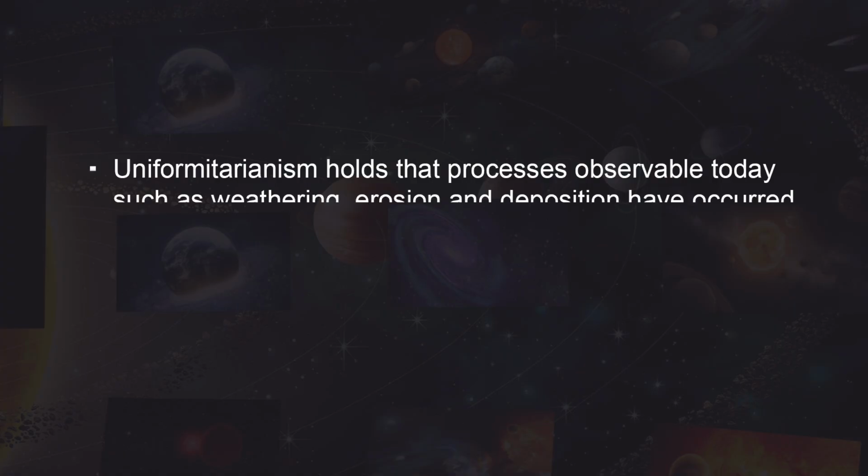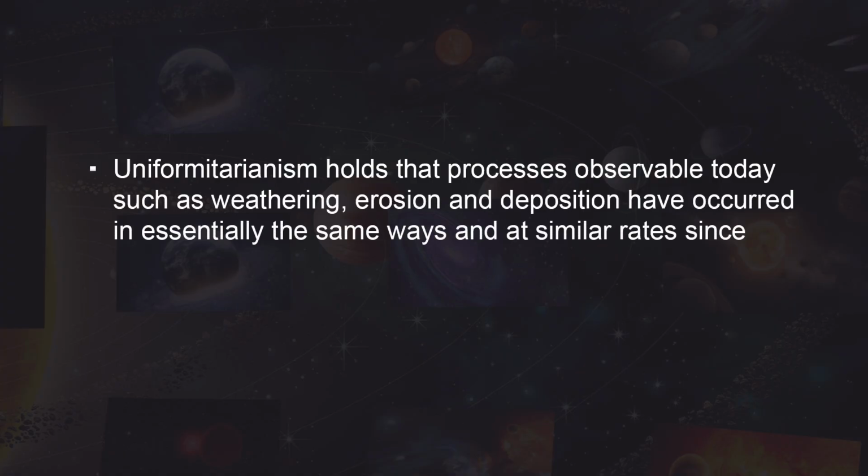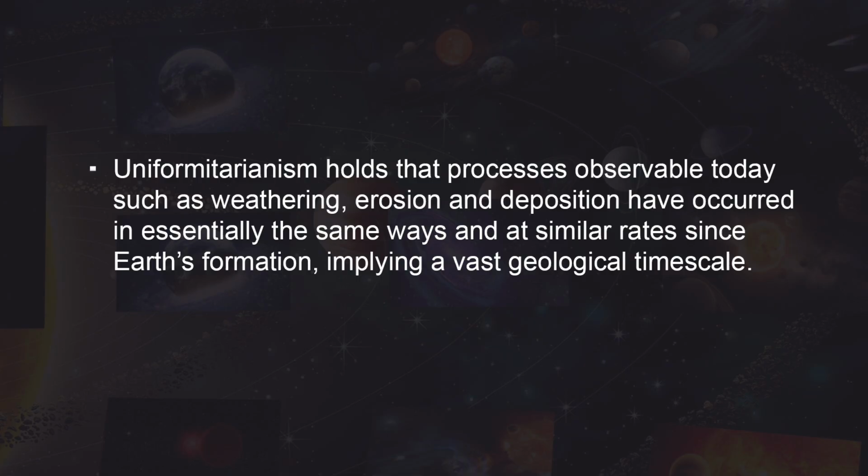Uniformitarianism holds that the processes observable today, such as weathering, erosion and deposition, have occurred in essentially the same ways and at similar rates since Earth's formation, implying a vast geological timescale. Catastrophism, on the other hand, suggests that most geological changes result from rare, short-lived, large-scale events such as intense volcanic eruptions or massive earthquakes which rapidly reshape the Earth's surface.